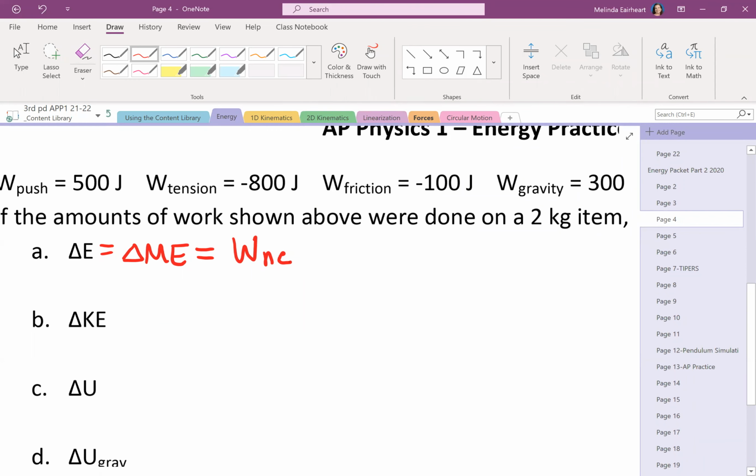So what about that push work? The work done by a push force, conservative or not? Non-conservative. What about tension? Non-conservative. What about friction? Non-conservative.